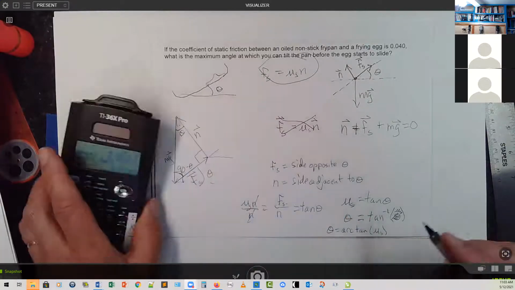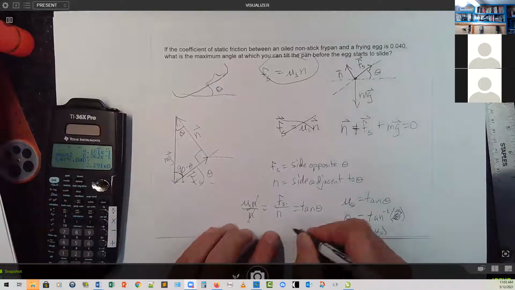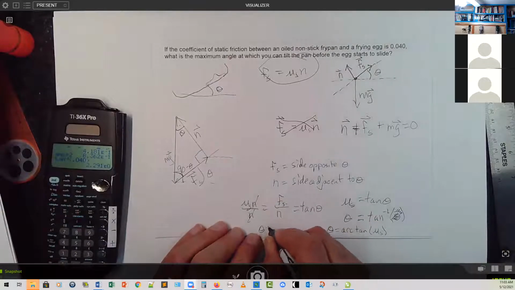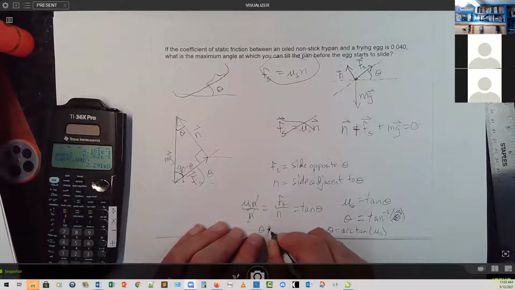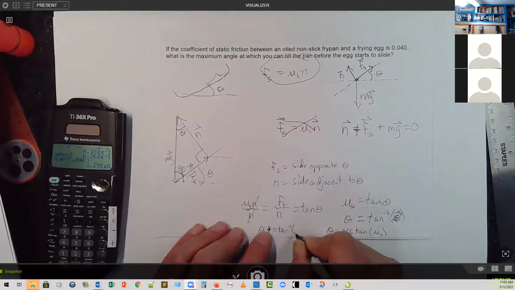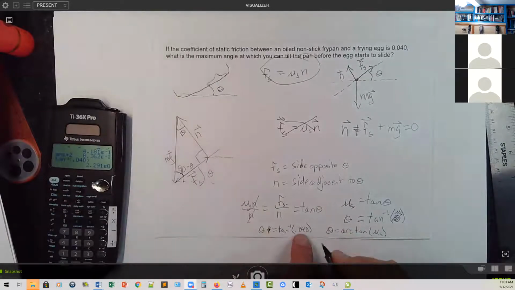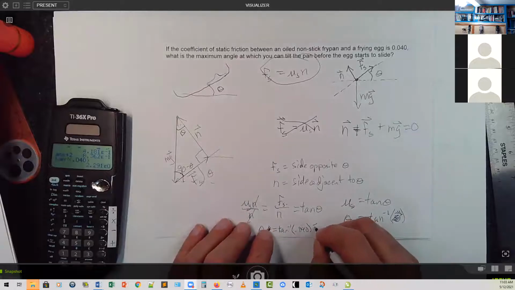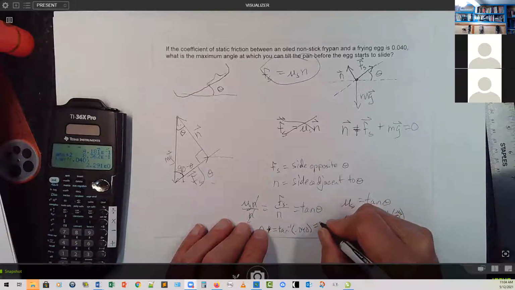So in this case, theta equals inverse tangent of 0.040, which has two significant figures. The 4 here is significant, and the 0 after it is. The leading 0 is not. But I get 2.3 degrees.